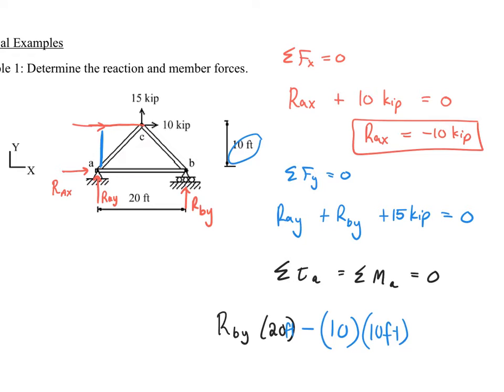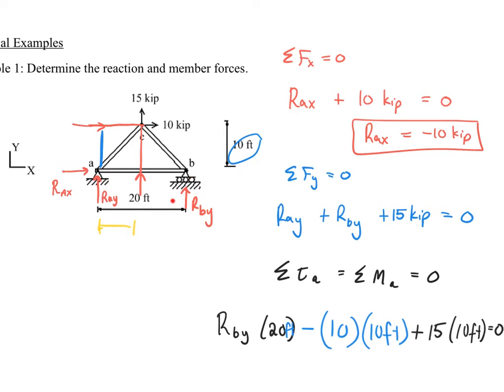And then finally, the last one is the 15 kips. Extend that one down like this, as we said yesterday. And then we can use this distance right here as 10 feet, and it's a 15 kip force, and that's positive 15 kips times 10 feet. The whole thing equals 0. And why is that last one positive? Because this force would cause counterclockwise rotation. This force would cause clockwise rotation.